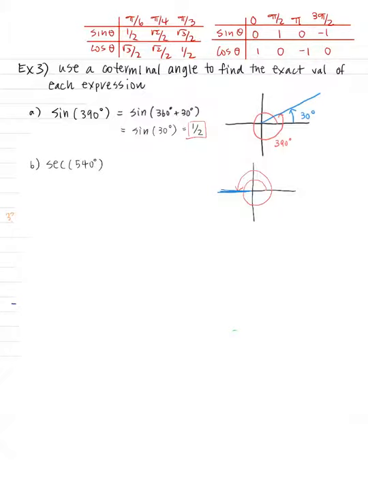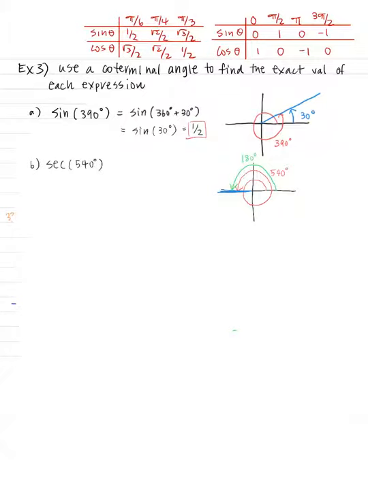Let me write this as 540 degrees. Now the coterminal side, let me draw that in a different color. The coterminal side will be from here to here, which will be 180 degrees. So secant of 540 degrees is going to give us the same value as secant of 180 degrees.